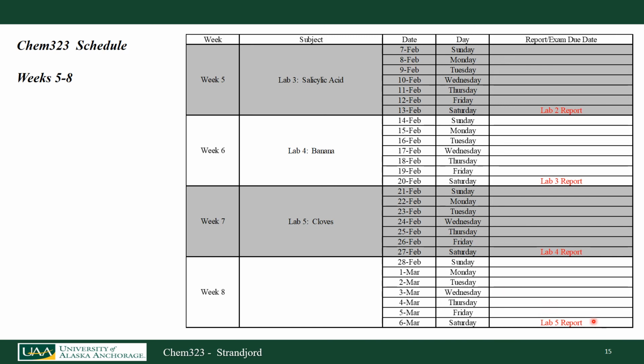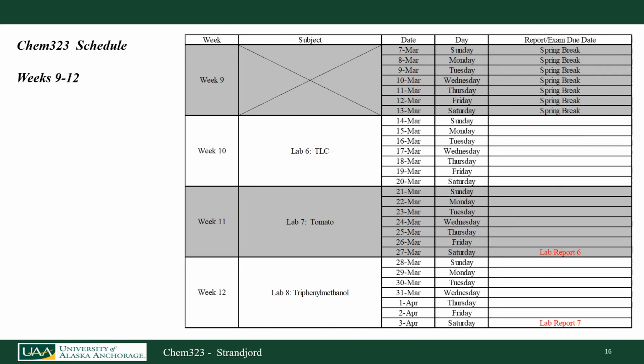So right before spring break, you're going to hand in lab report 5. And then week 9 is spring break. When we get back from spring break, we'll start the lab 6 experiment, thin layer chromatography. Then we'll do lab 7. We'll do lab 8 on week 12.